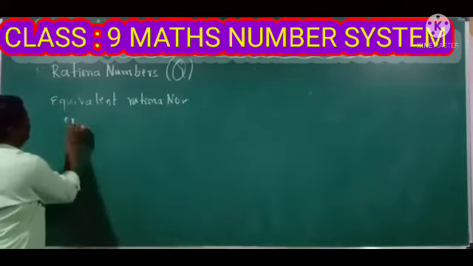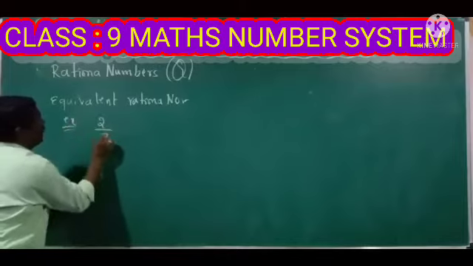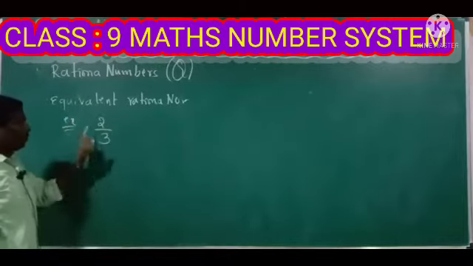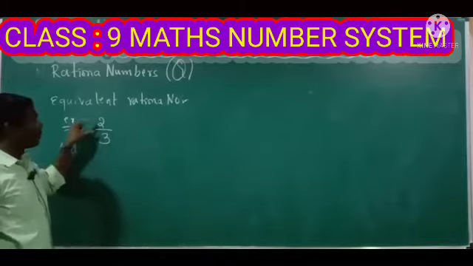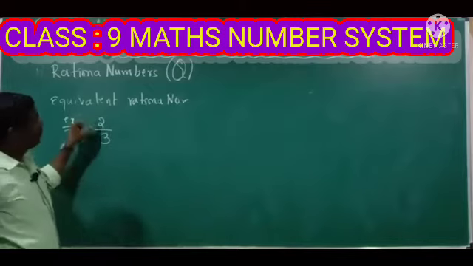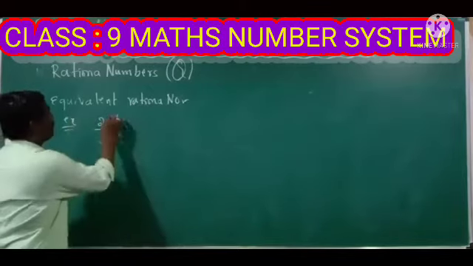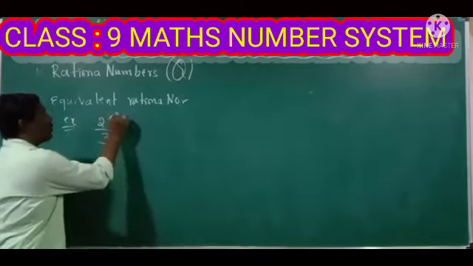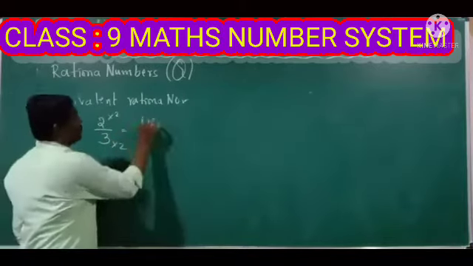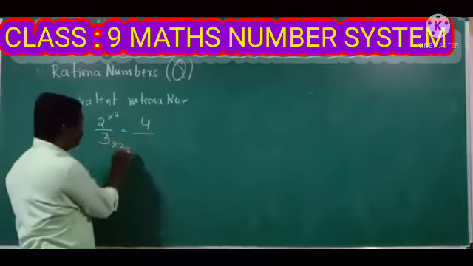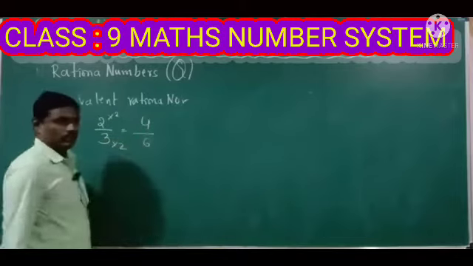For example, 2 by 3. 2 by 3 is a rational number because it is in the form of P by Q. If I multiply 2 for both numerator and denominator, what will I get? 2 2s are 4 and 3 2s are 6.